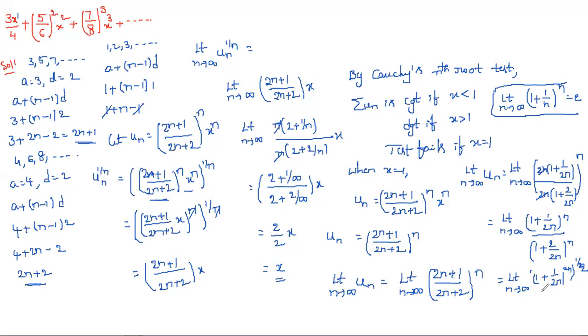In the same way in the denominator, the same pattern: (1 plus 2 by 2n) whole power 2n, whole power 1 by 2. So limit n tends to infinity un is equal to limit of that expression.